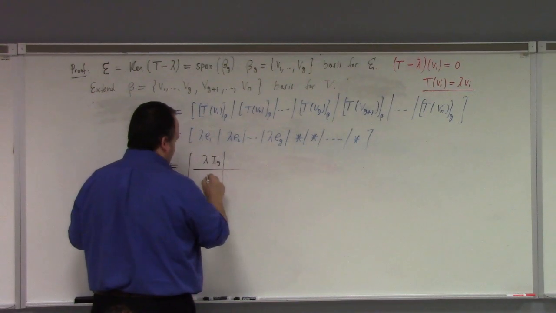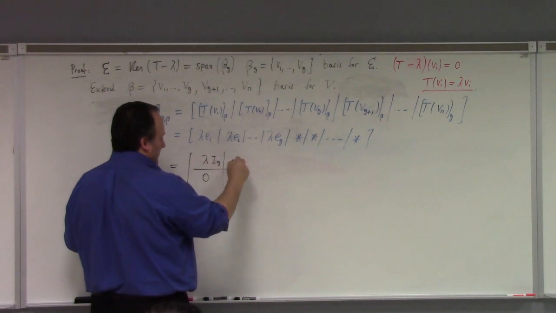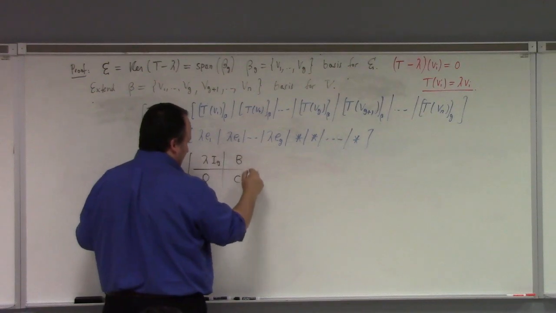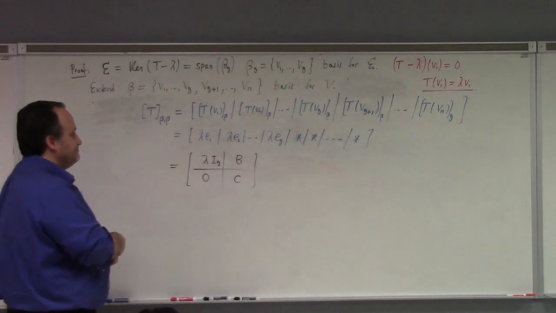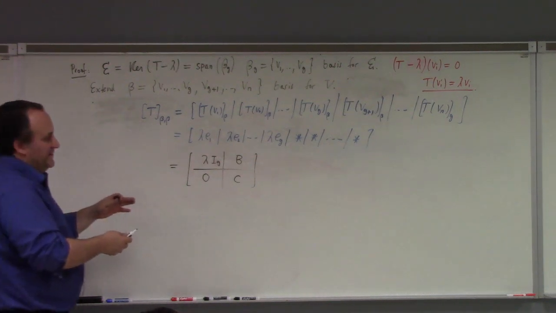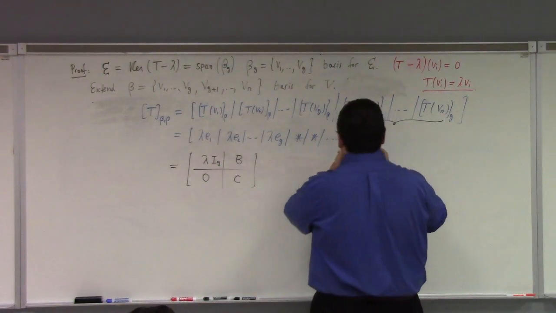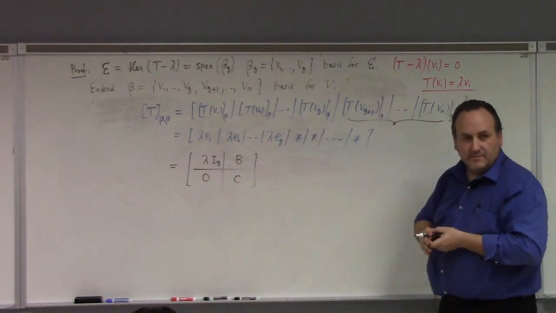There's a 0 down here, and there's just two other matrices over there. Let's call them B and C for the sake of discussion. It doesn't really much matter what happens with all these. They do what they do.